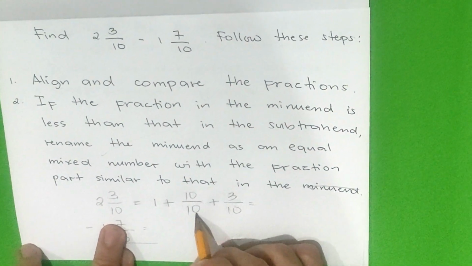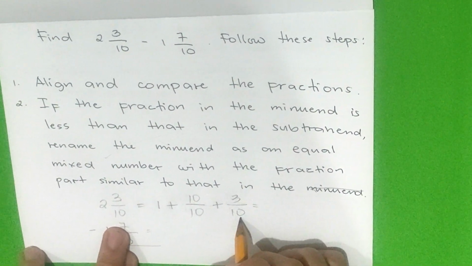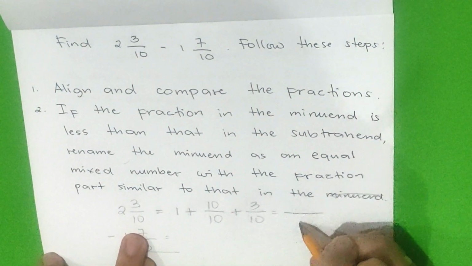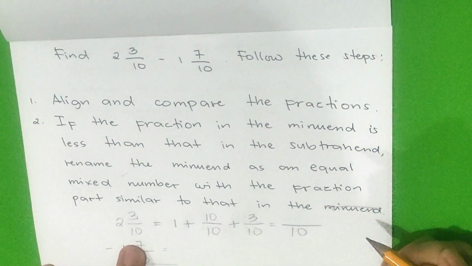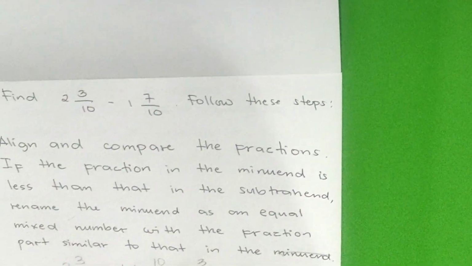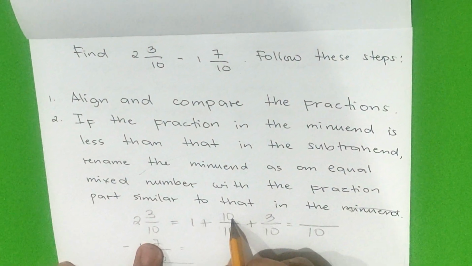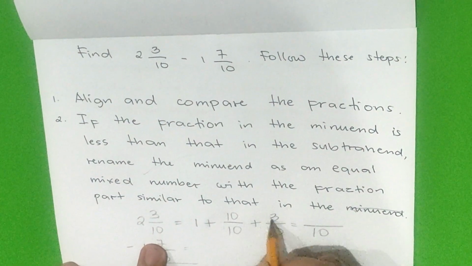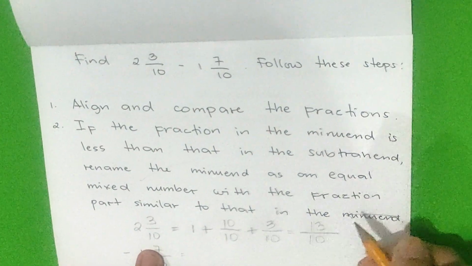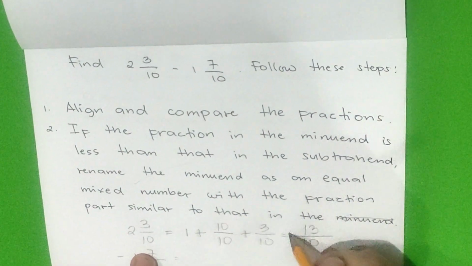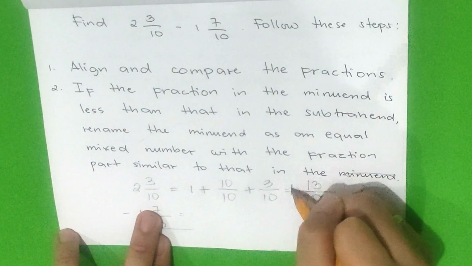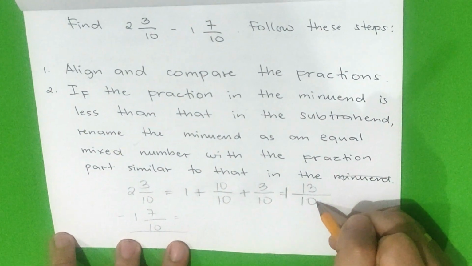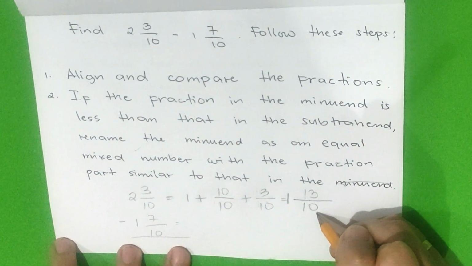Since our set of fractions are similar fractions, let's copy the denominator 10 and add up the numerators. 10 plus 3 is equal to 13. And don't forget the whole number 1. So, this is now our new minuend.